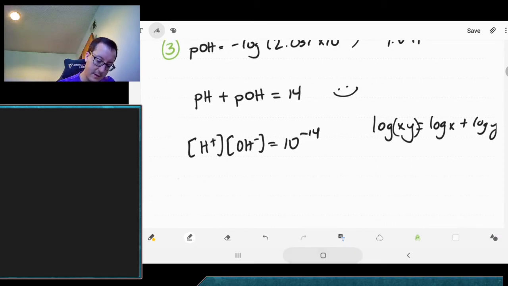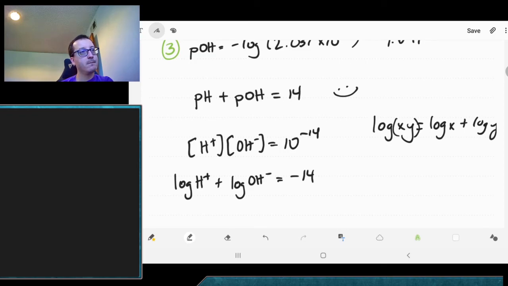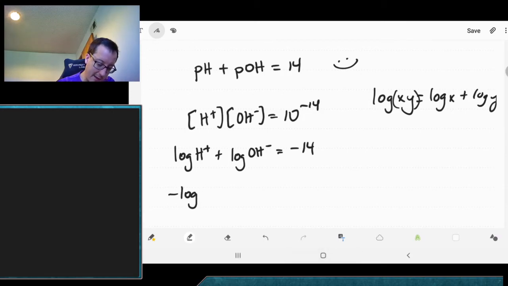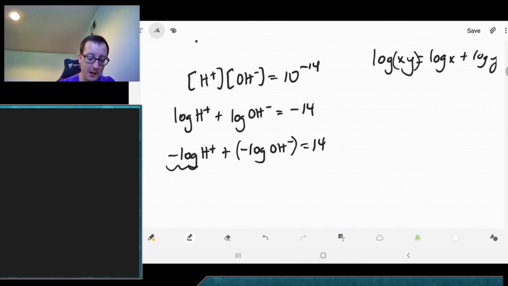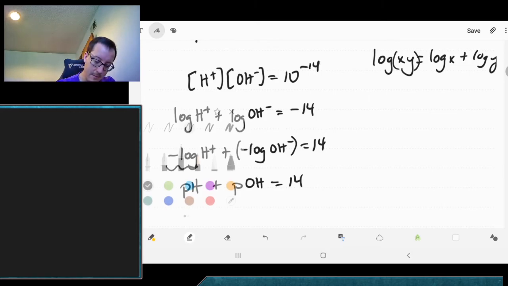So we take the log of both sides, we get log H plus log OH minus equals negative 14. And if we multiply everything by negative 1, we get minus log H minus log OH minus equals 14. And remember that negative log is the same as p. So we get pH plus pOH equals 14. So we can get this just mathematically as well. You don't need to understand the derivation here.